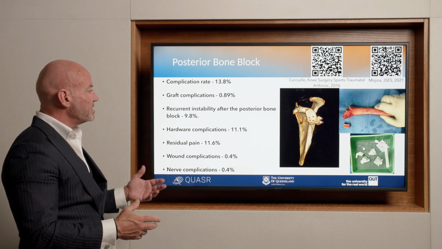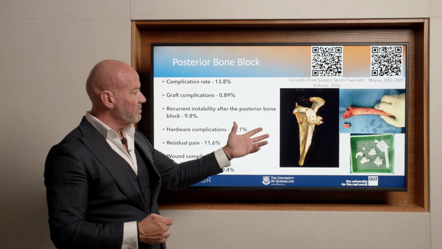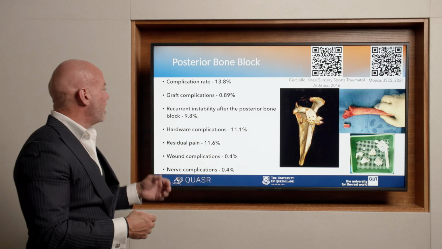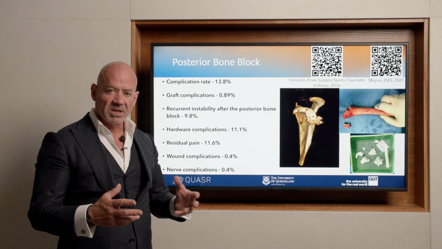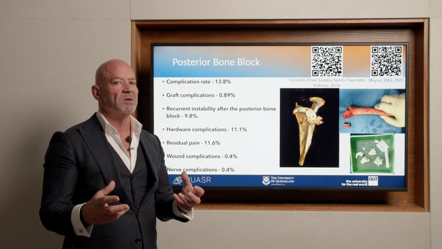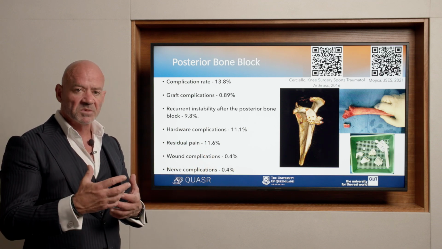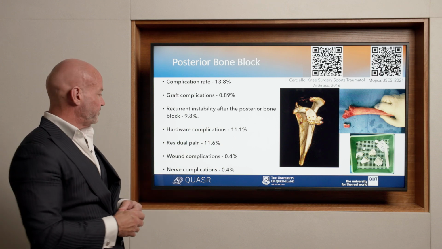What are those complications? Well, there was about a 1% complication rate with graft complications, difficulty with it breaking or fracturing or not uniting. Recurrent instability after the posterior bone block. As I mentioned, posterior instability is more difficult to deal with and more difficult to solve than anterior instability. So about 10% of patients had continued problems with dislocations and instability even after having the surgery.